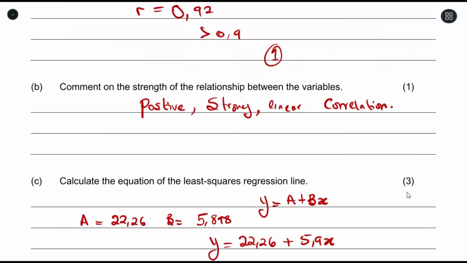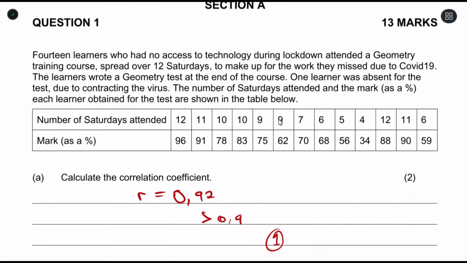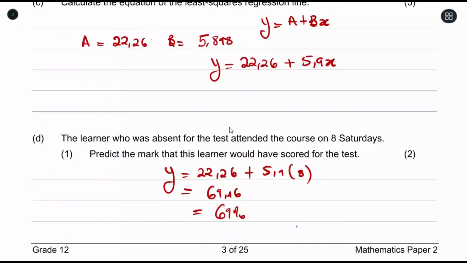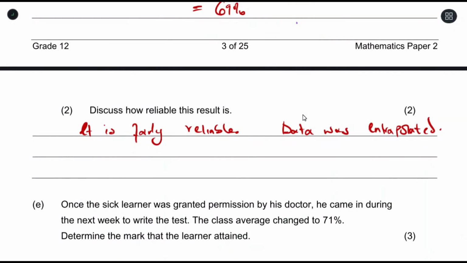What that means is our value, which is 8, lies between our set of data points, right? Our data point for Saturdays was from 4 to 12, and what we're trying to get was 8. So since it falls within our set of data points, we can say that it is fairly reliable. If it is outside the data points, we'll say it is extrapolated, and that is not really reliable.